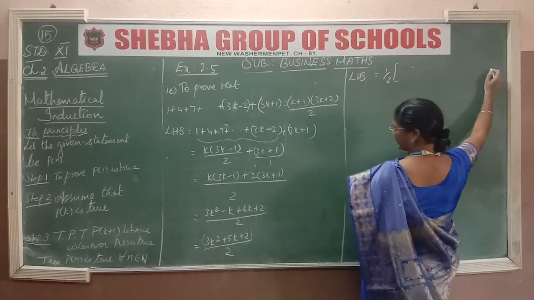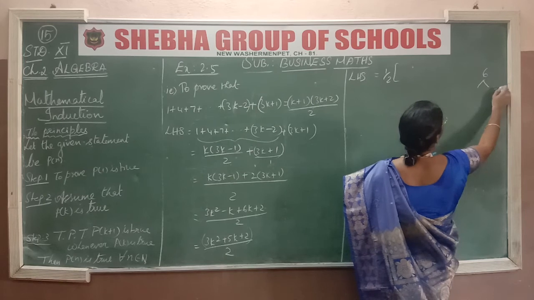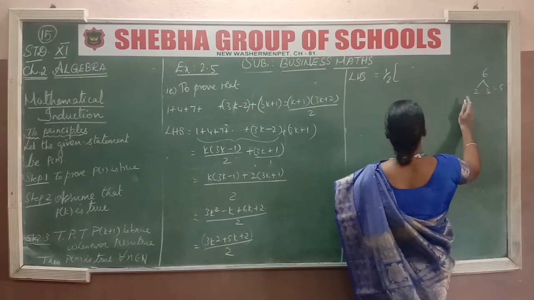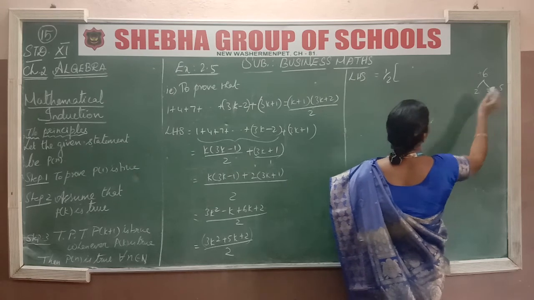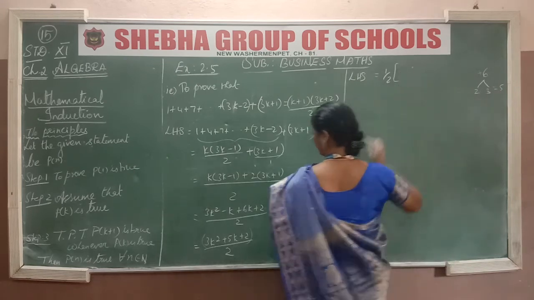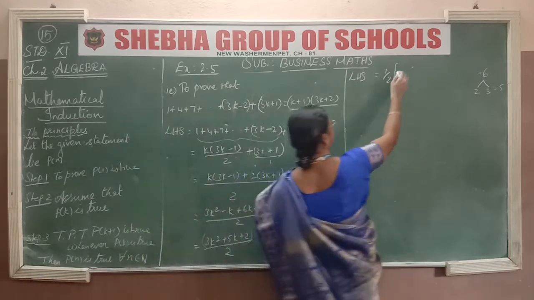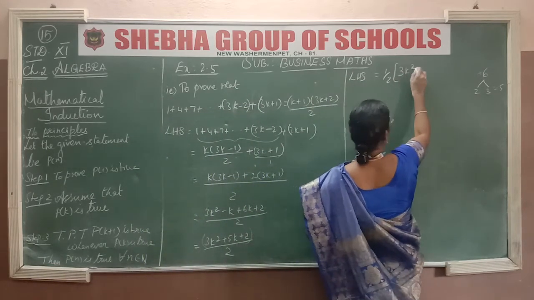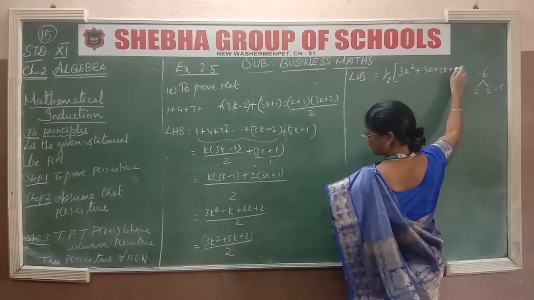Listen, multiplying 3 and 2, we get 6, isn't it? Factorizing this, we need two numbers that multiplying give plus 6 and adding give plus 5. So we write 5k as 2k plus 3k: 3k square plus 3k plus 2k plus 2.